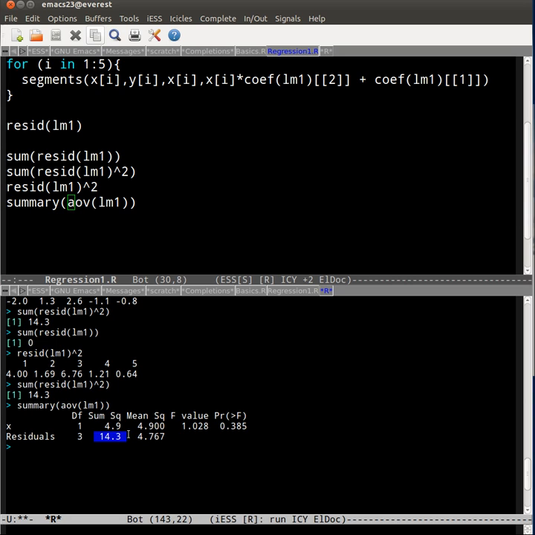is 14.3. So that's what we're going to be doing in this class, I'm going to be walking you through hand calculations of each one of these things and then tying it back to output so that you can see exactly where all of these numbers come from. And as you see here, they come from a very straightforward piece of summing the squared deviations or the squared residuals, and that squared residual sum is the minimum, and that's what the least squares criterion is.